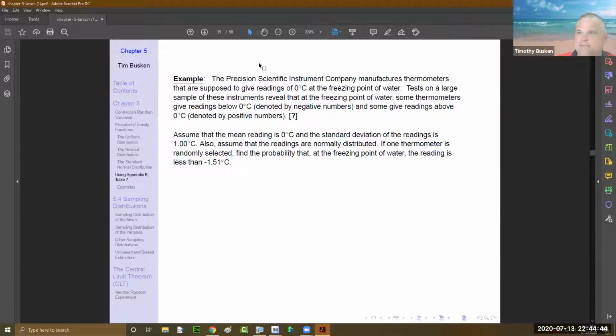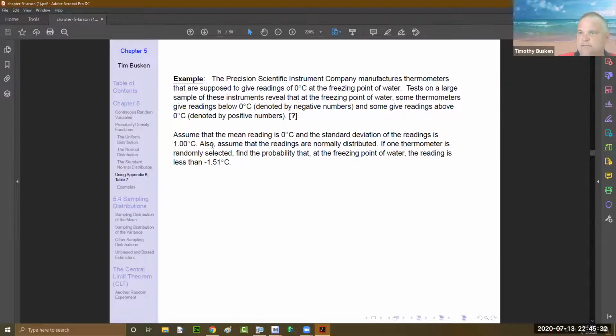Tests on a large sample of these instruments reveal that at the freezing point of water, some thermometers give readings below 0, denoted by negative numbers, and some readings above 0, denoted by positive numbers.